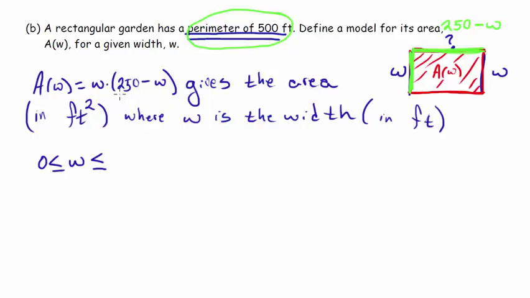Let's look at this piece right here. This is going to help us. If we look at this piece, if this W, do you see if I use more than 250 right here, then I use 250 here, and then I have nothing left there? So my upper bound here, if I look at this piece, I don't want my length to be negative, so the width can't be more than 250.